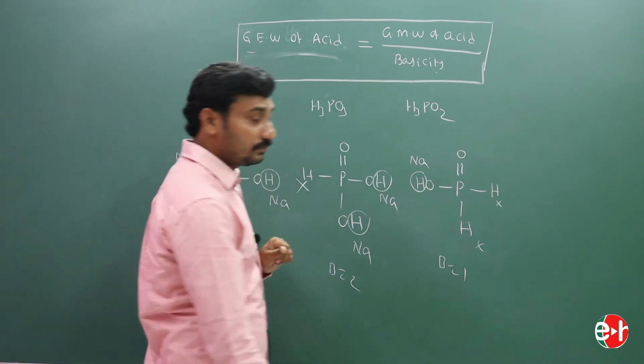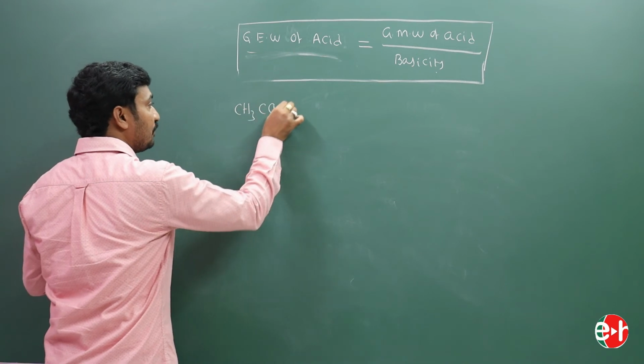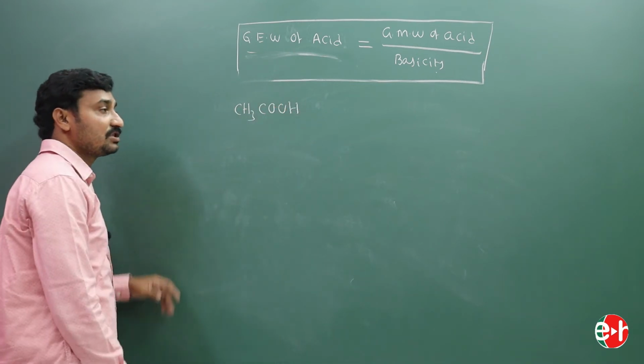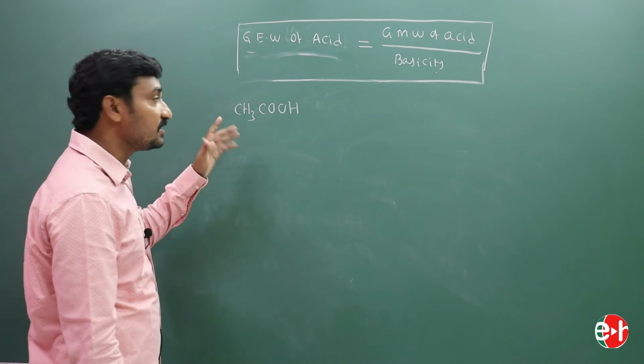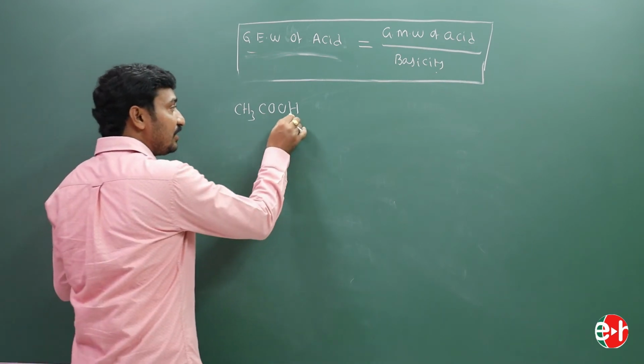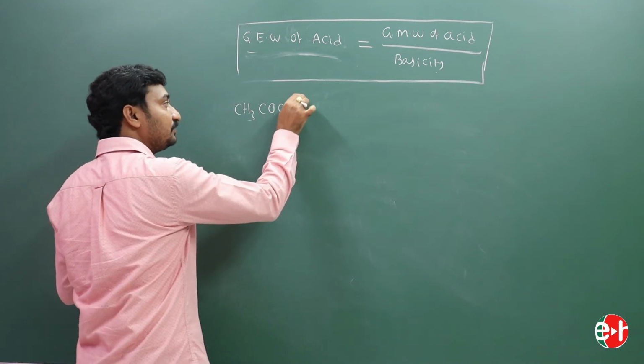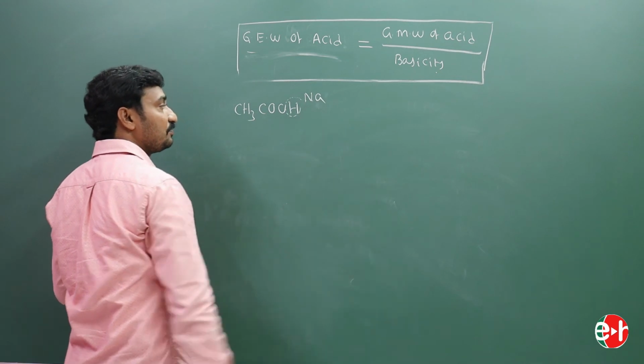Next, one more: acetic acid, CH3COOH. Here 4 hydrogens are present. We might expect basicity 4, but it is not 4. Why? Because this hydrogen is attached to oxygen, so only this hydrogen is replaceable by a metal atom, for example sodium.